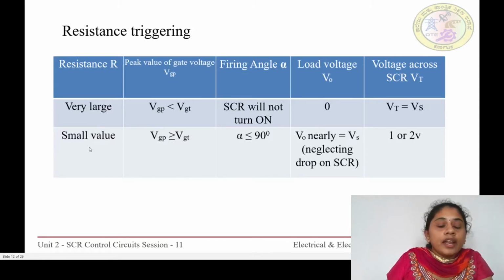With lower variable resistance, the gate voltage will be higher than the threshold voltage. Under this condition, the SCR is turned on and the firing angle will be less than or equal to 90 degrees. So the load voltage will be equal to the supply voltage.